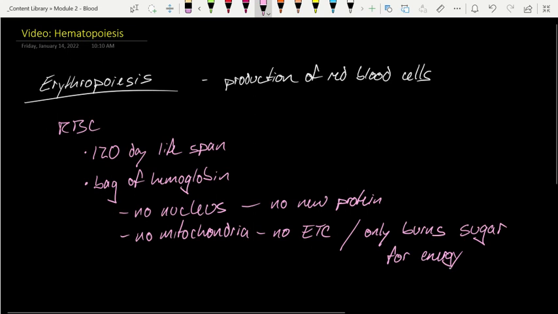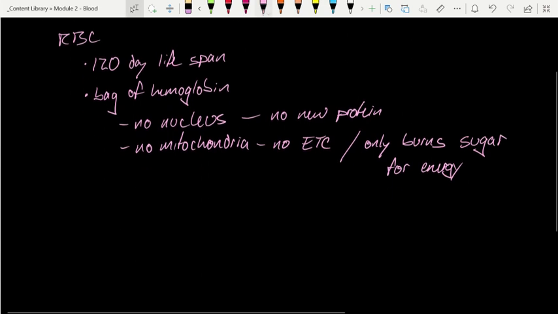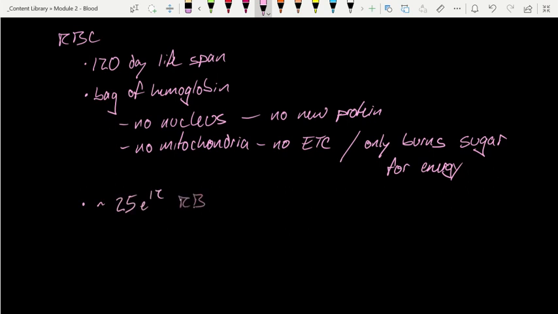Now that might not seem like too big of a deal, but let's put this into context. At any given time, the average adult has about 25 times 10 to the 12th, in other words, 25 trillion red blood cells in circulation. That's a lot.